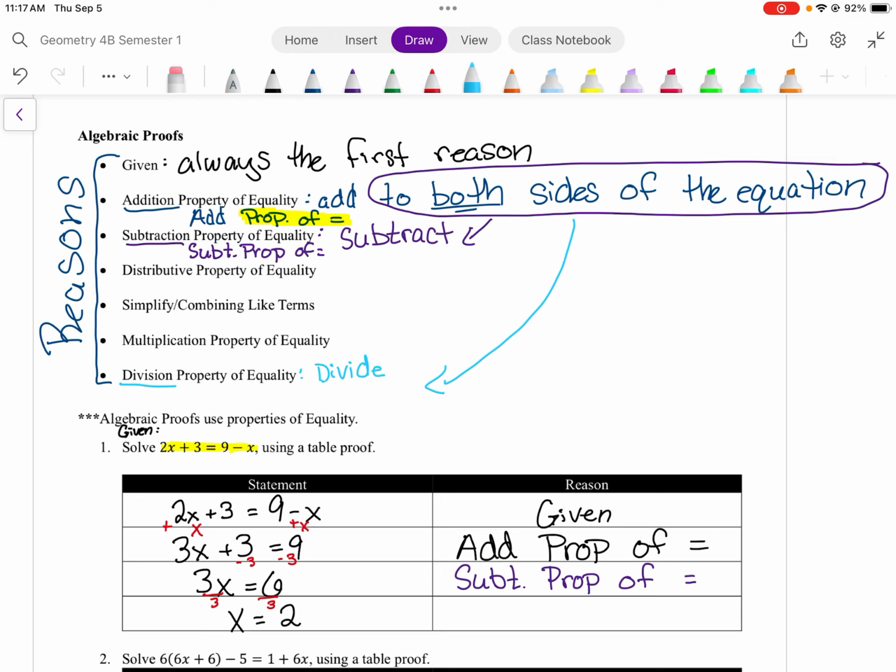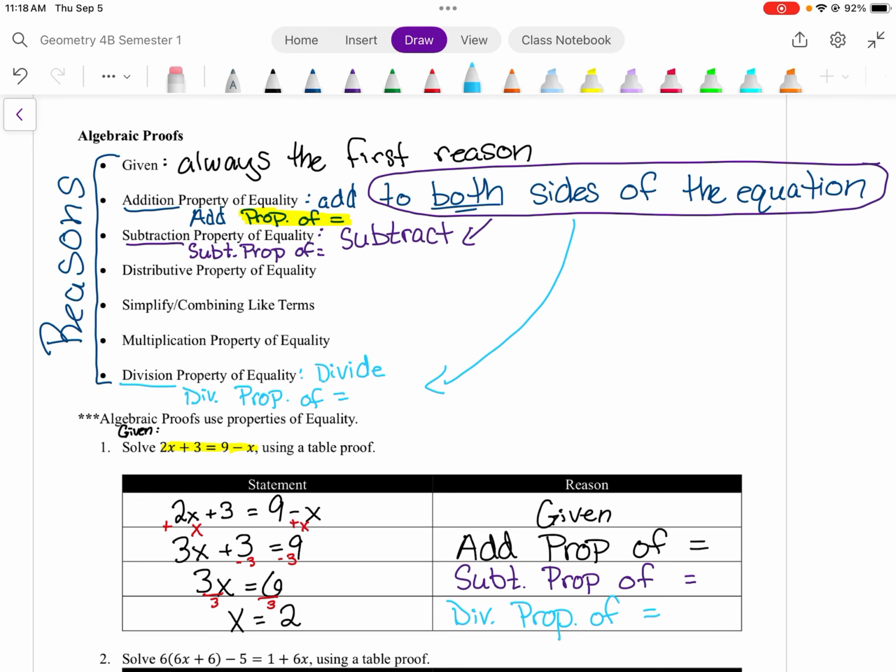So that's what we did, meaning we can use our division property of equality. And we're going to abbreviate this one as well, DIV for division, and then we'll include prop of equality. And that is how you are going to set up an algebraic 2-column proof.